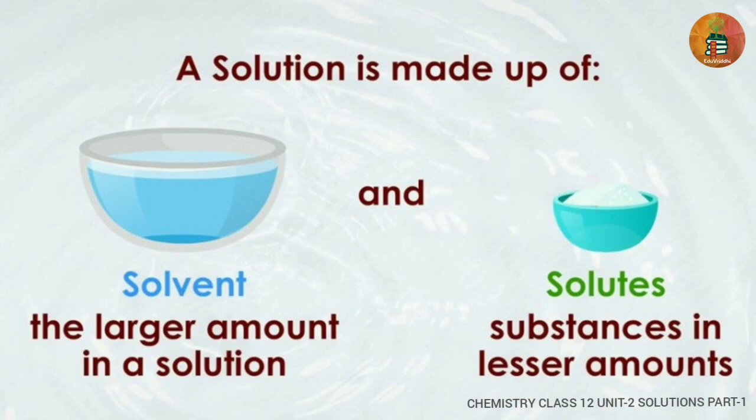If you take the example of salt solution, there we add a little amount of salt into a large volume of water. There water acts as solvent, and the salt which we have added will act as solute. So please remember, the two main components of solution are solute and solvent.